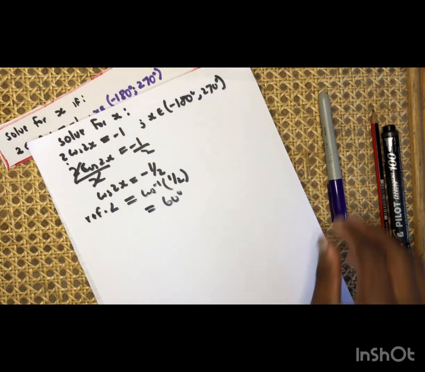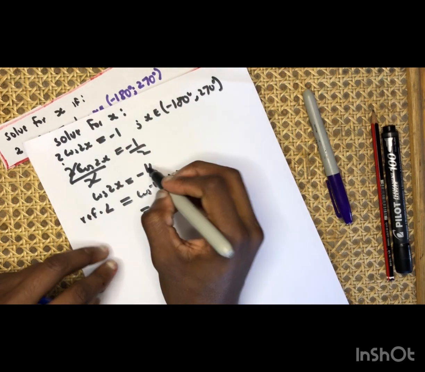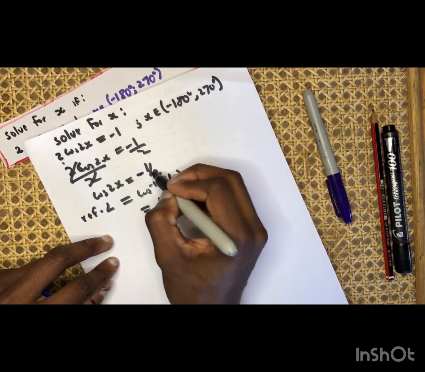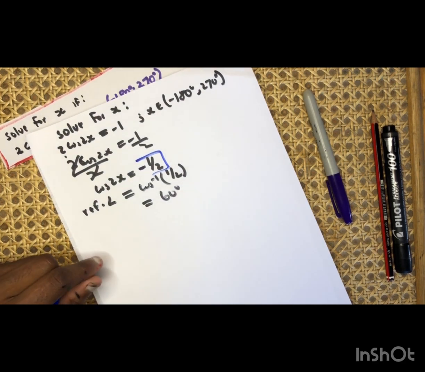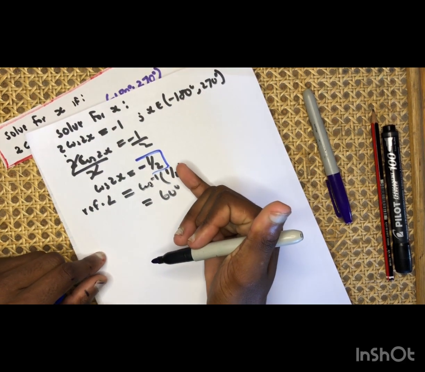So guys, we saw that this numerical value is negative, so I need to go where cos is negative. We know that cos is negative in which quadrants? The second and the third.